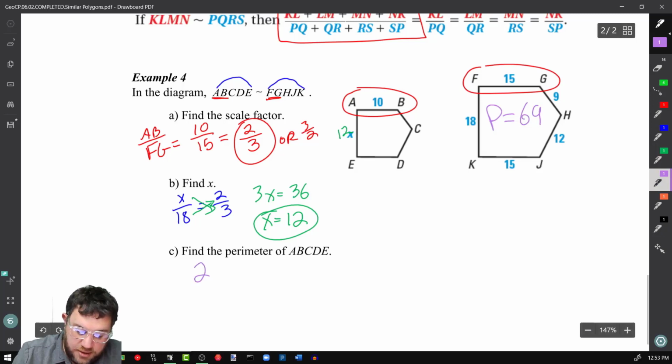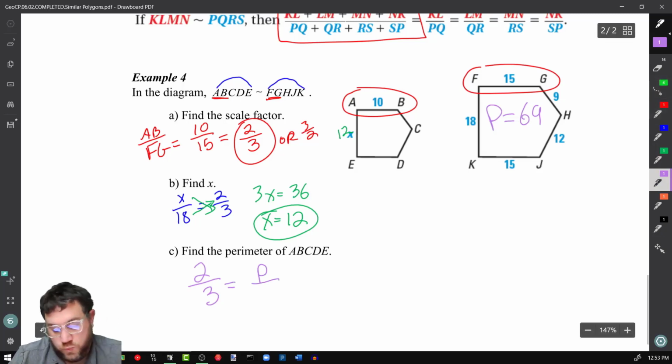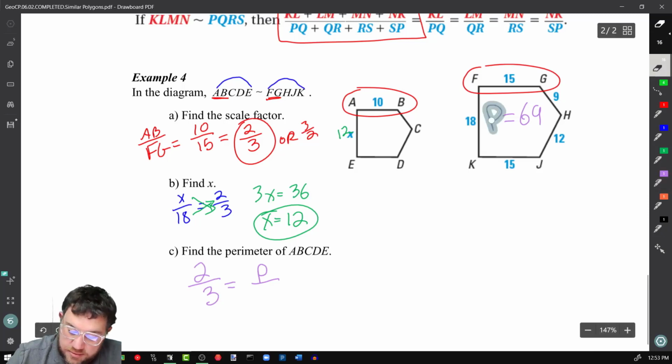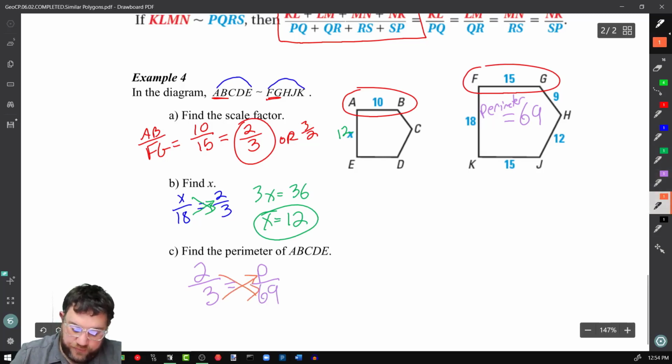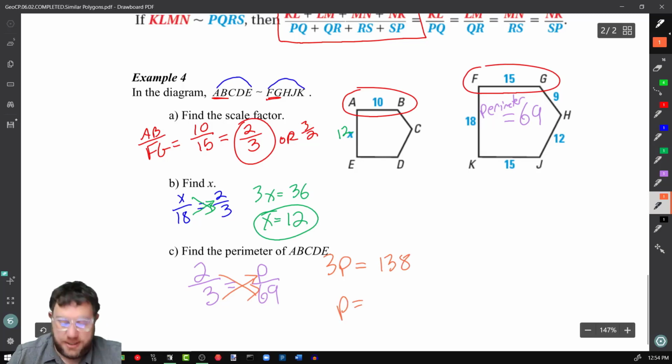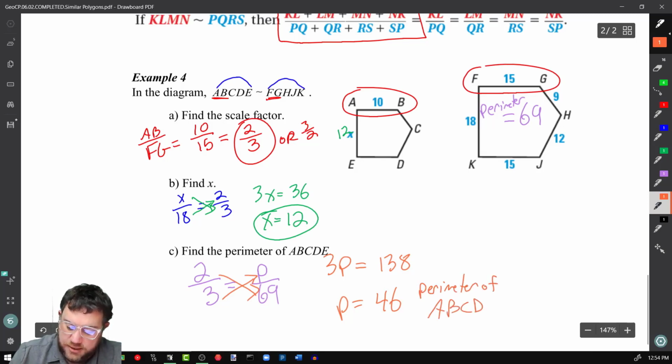So we know that 2/3 equals P over 69, and we're just going to call this perimeter P instead of giving it another variable. So we cross multiply. 3P equals 2 times 69, which is 138. Then if we divide both sides by 3, we get 46. So that is the perimeter of ABCDE.